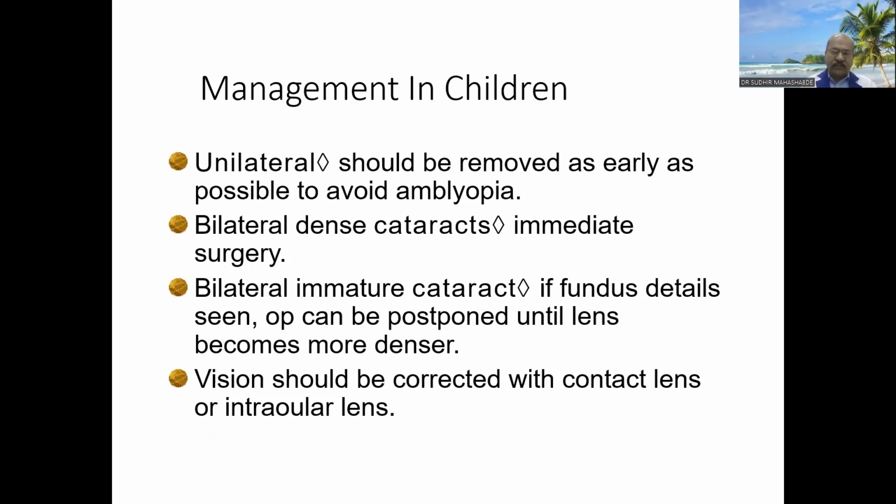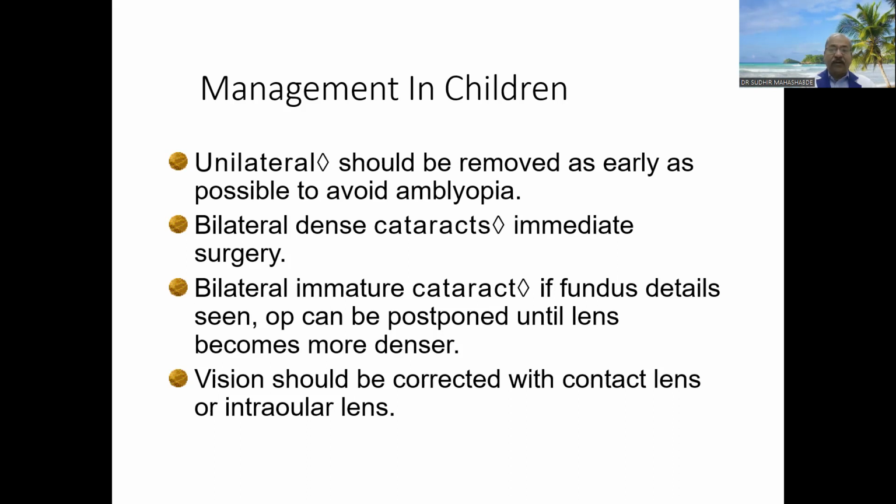If the cataract is there just after birth or a few years after birth, then the vision is affected, and if the retina is not stimulated with good vision, then the patient may develop what is called amblyopia, a condition where the patient's capacity of vision will go down, although structurally the retina and other things are normal. So to avoid this amblyopia, we have to give early treatment of cataract, especially in unilateral pediatric cataracts.